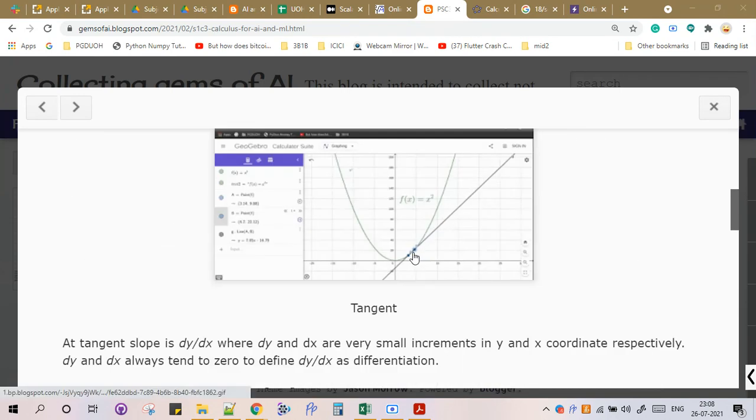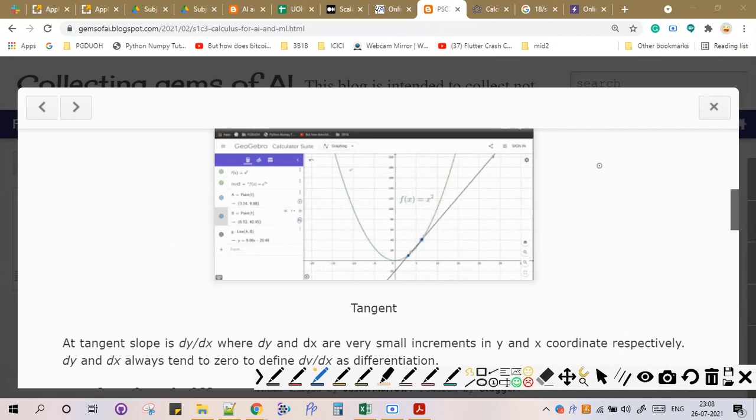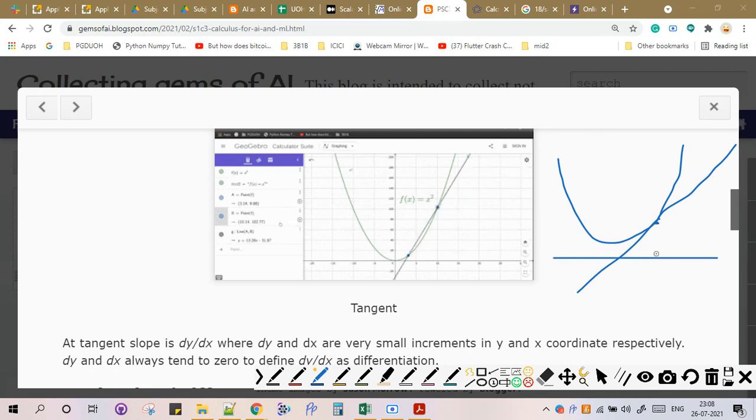And why is it called a tangent? If you have any function like this, and you take the tangent, touching at one point, just assume, and you take this angle theta, then the slope of the function f at a given point x is defined as tan theta.